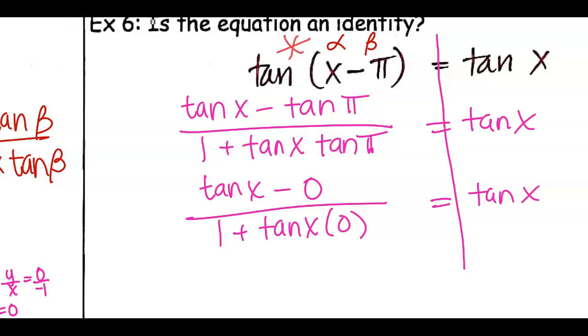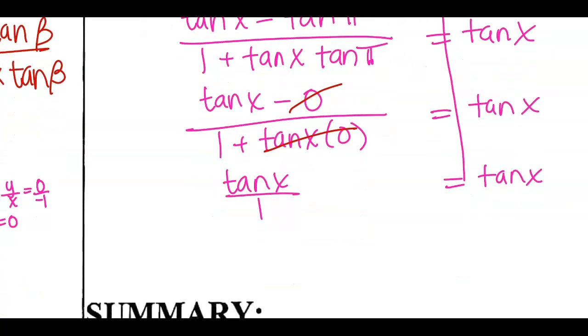All right, well, let me get my red pen. The 0 is gone. That's completely useless. Think about this part at the bottom, though. If you multiply tangent x times nothing, you're going to get nothing. So at the bottom, I'm going to write this as tangent x over 1 plus nothing, which is just 1, equal to tangent x. Well, don't make this difficult, guys.